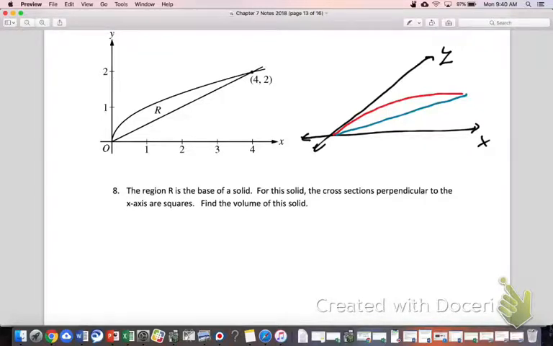if the cross sections are perpendicular to the x-axis and they are squares, then maybe they would look like this. Or like this. By the time I get out here to the end, they'd be pretty small.